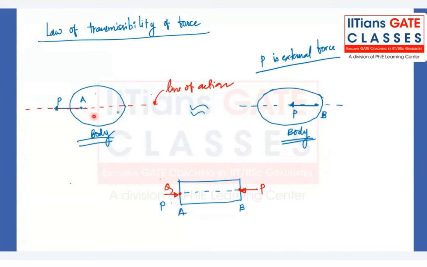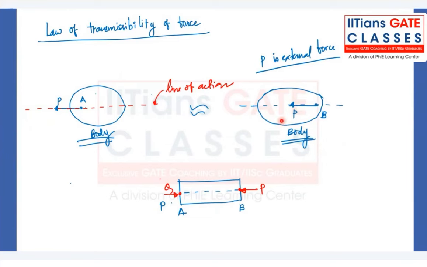So if I replace this force P at point A with the force P at point B, and point B is on the line of action, and the force P is the same, you can clearly see its magnitude is the same and direction is also the same. So we can say that the state of the body will not alter, or will remain the same, because we are applying the force along the line of action. Are you following it?